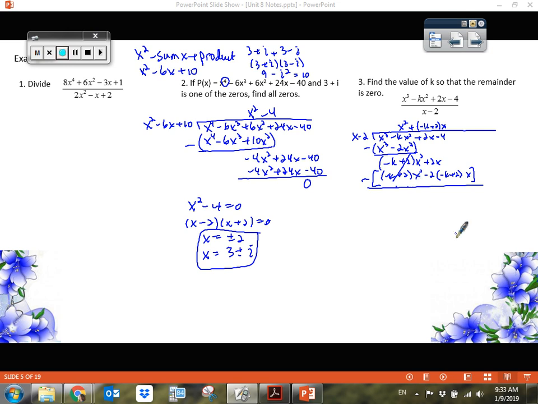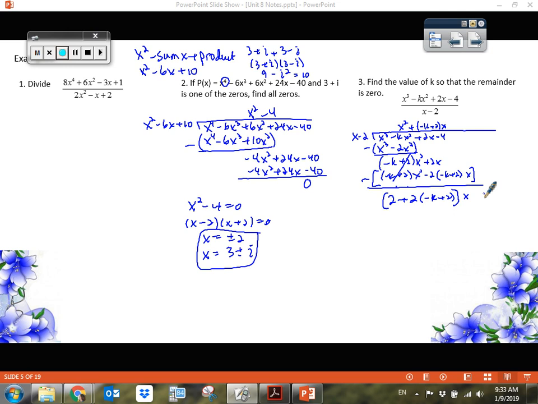So here I'm going to write out the subtraction. I've got 2 minus negative 2, so plus 2 times minus k plus 2, and all of that is x.